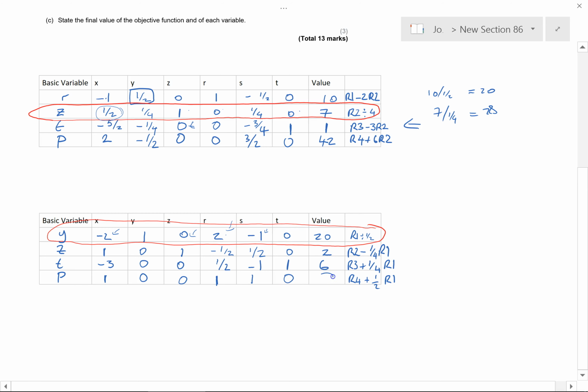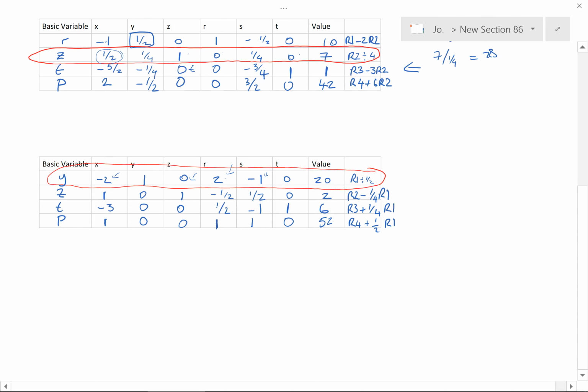And then this number here, finally nearly there, is equal to 42 plus a half times 20, that's equal to 52. Mercifully, it'd be rare to have a question where you have to do this 3 times.